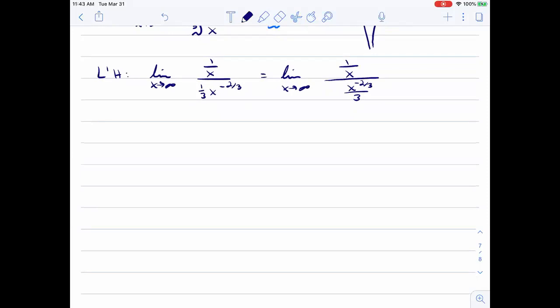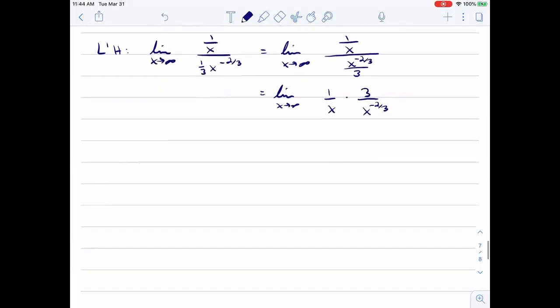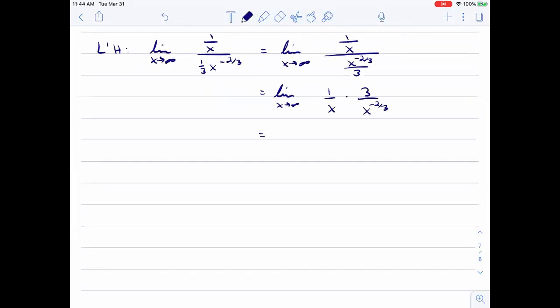So here I've got a fraction over a fraction, and so I've got the limit as x approaches infinity of 1 over x times 3 over x to the negative 2 over 3. Okay, the limit as x goes to infinity of, maybe what I'll do is I'll bring these x's up to the numerator.